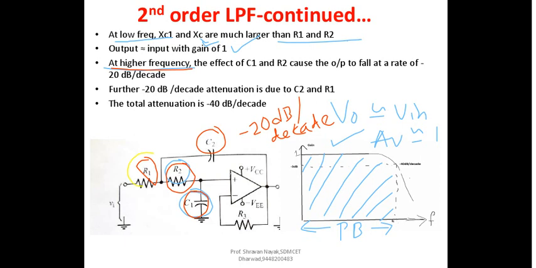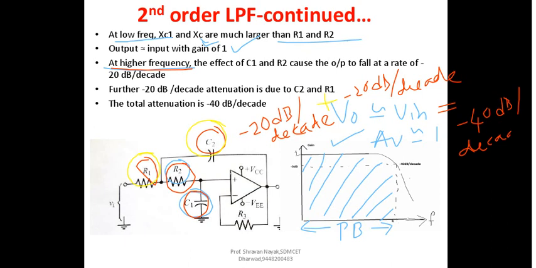So a further minus 20 dB per decade attenuation is now due to another ladder, that is R1 C2. So together these two rungs of the ladder, that is R1 C2 and R2 C1, result in the total attenuation of minus 40 dB per decade at the higher frequency. What I mean by higher frequency is beyond your cutoff frequency.